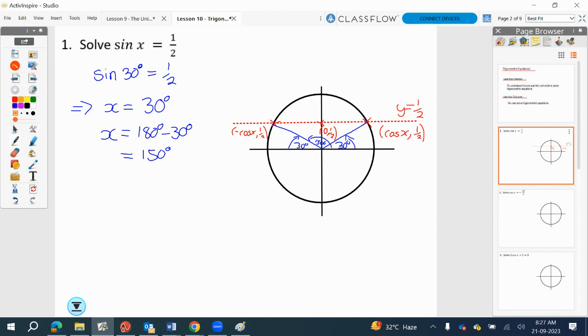Are there any more solutions than these two? Discuss with the person next to you. Are there any more solutions? Are there any other solutions?